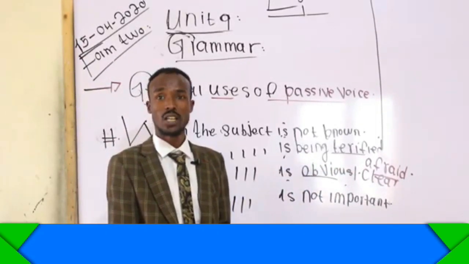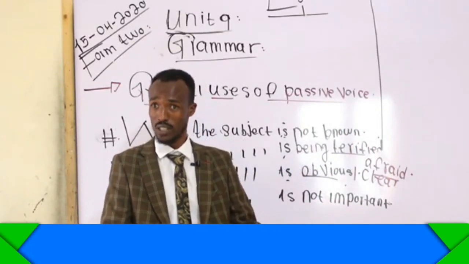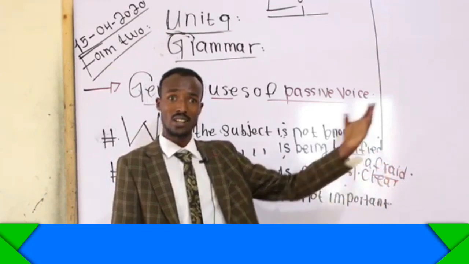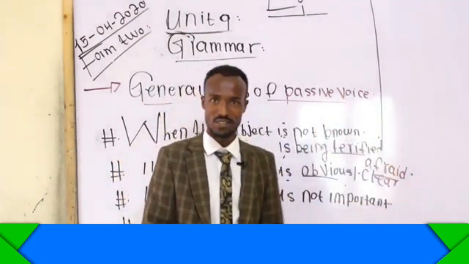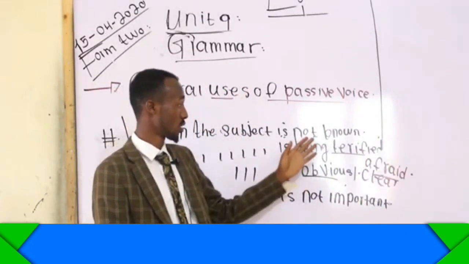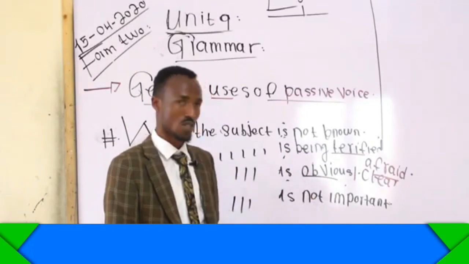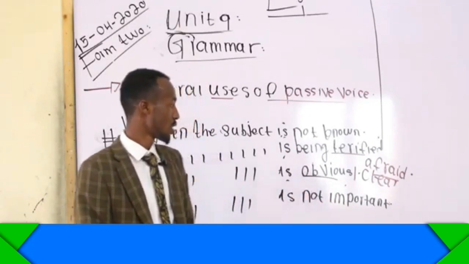For example, you say, Ahmed was arrested. Everybody or every one of us knows only the police can arrest someone. So simply you have to say, Ahmed was arrested. In that situation, we can use the passive voice where the subject is clear or obvious or everybody knows that situation, dear students.